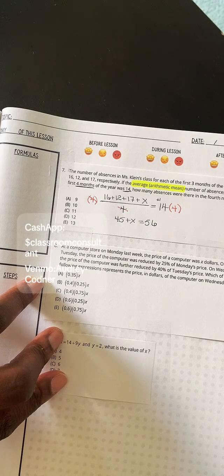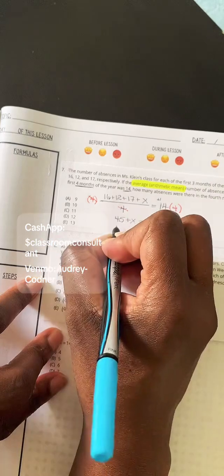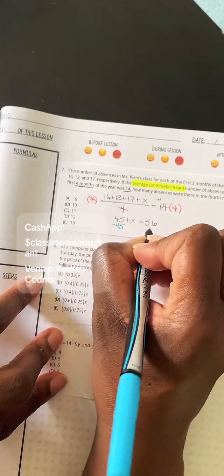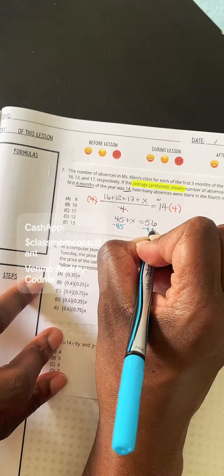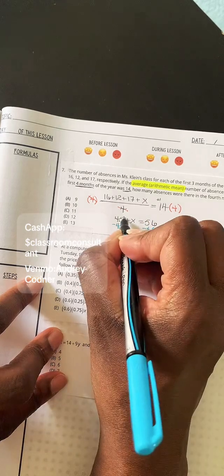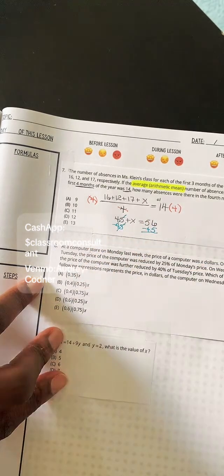We want to know what X is. There you go, Jess. Good. So we're going to subtract the 45 on both sides. The reason why I'm doing the 45 is because the 45 is on the same side of the equal sign as the X. And if we want to isolate our X, let's get rid of it.